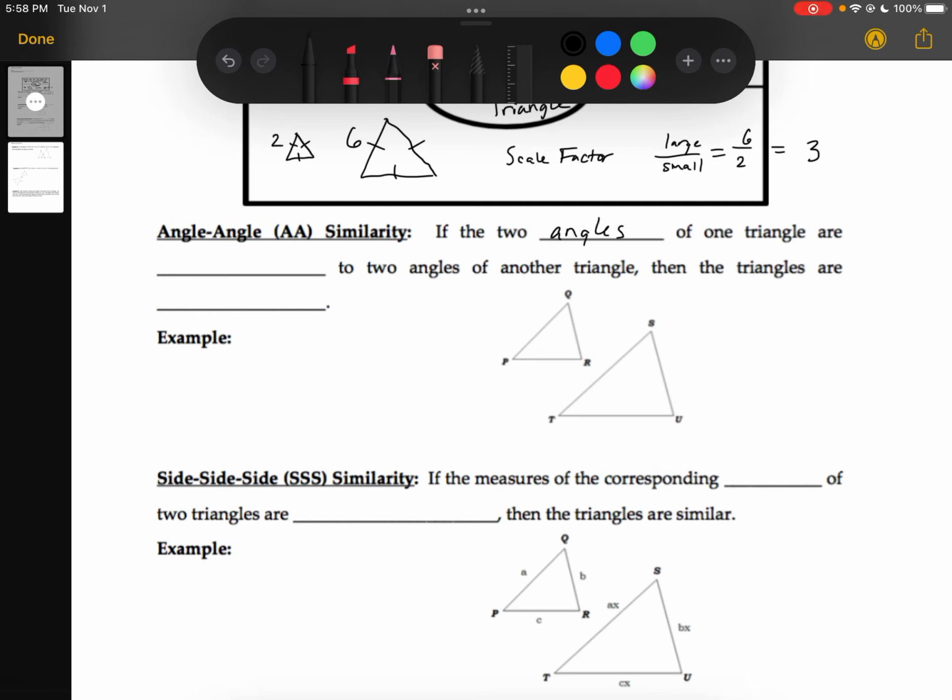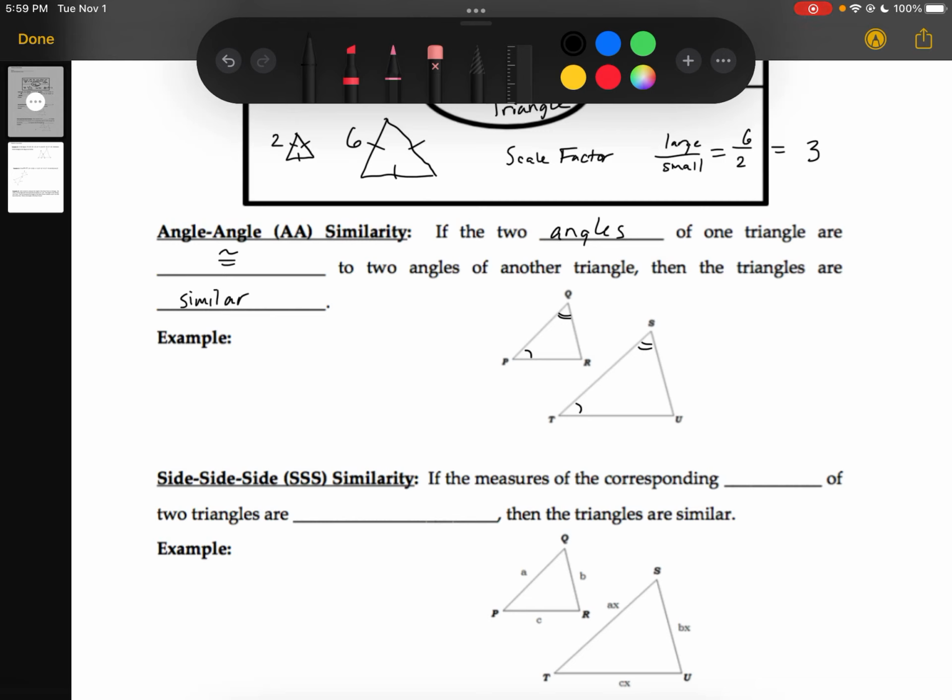So if two angles of one triangle are congruent, we use the congruent symbol there, to two angles of another triangle, then we know for sure that these two triangles are similar. In our example below, P and T are congruent and Q and S are also congruent, and that's enough.